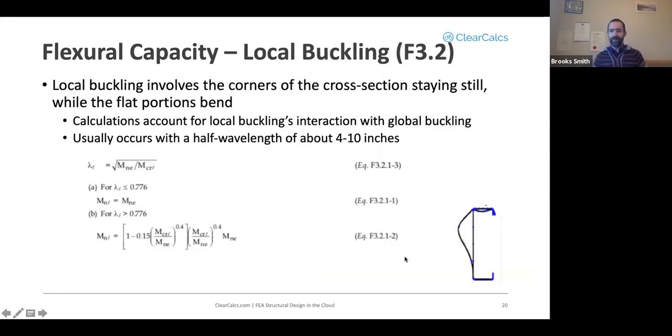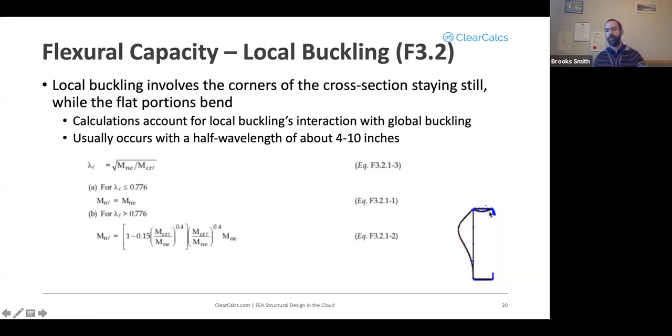But once you have those MCRL, MCRD values, you still need to do a little math on them. So for local buckling, starting out with that, this involves, in cold form terms, the cross-section staying still, except for the flat portions of the cross-section, the webs and flanges. Those may bend outwards.